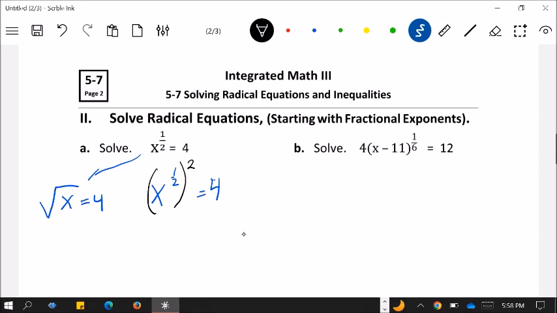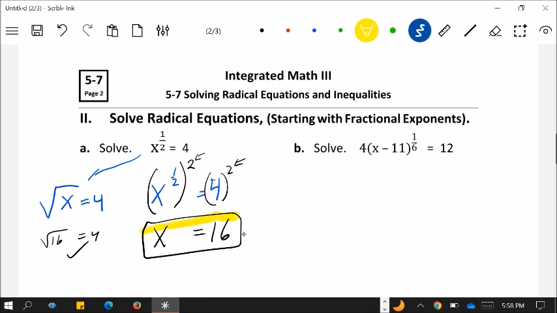And if I do 1/2 times 2, I get x to the first power, and we don't even show the first power. We just get the x, and we get the answer on the other side we need. And if I'm going to do a square here, I also have to do a square here. So I get 16 to the 1/2 power would be equal to 4. And if I did square root of 16 equals 4, that confirms it too, because square root of 16 is 4.